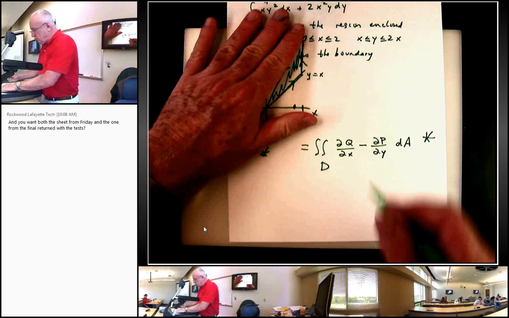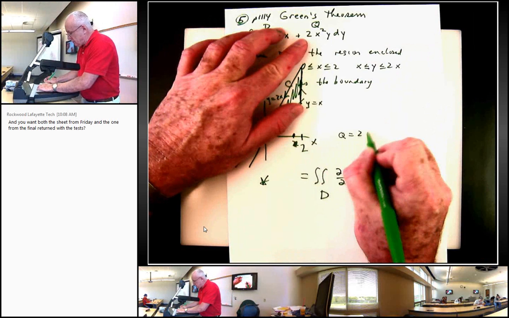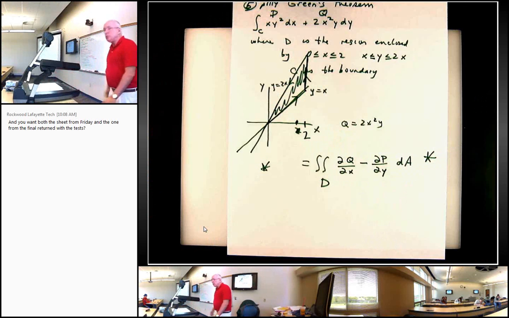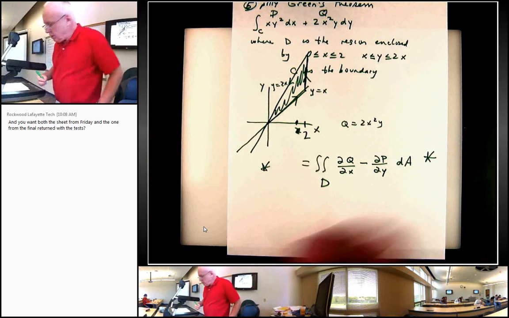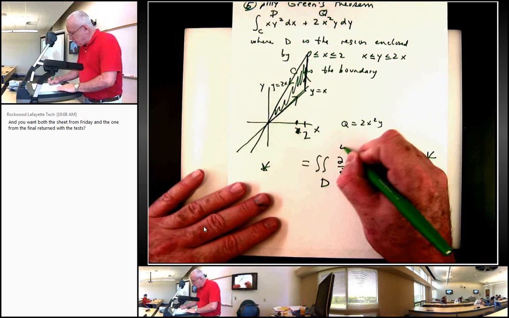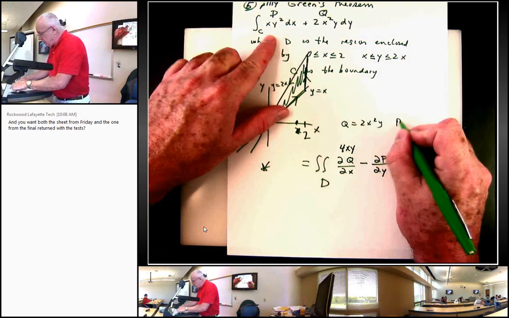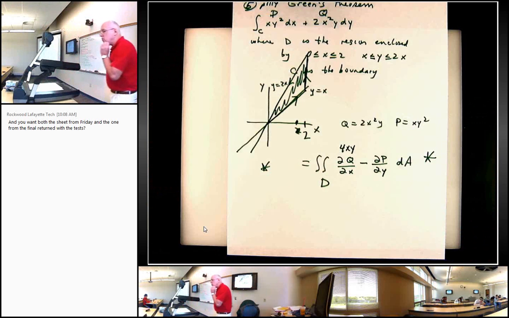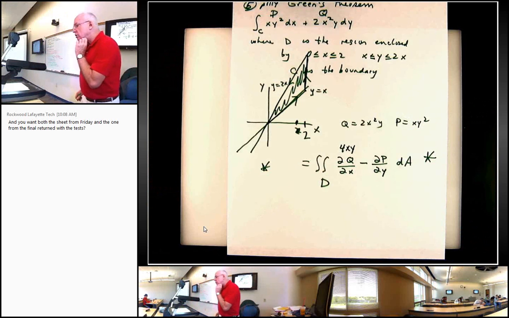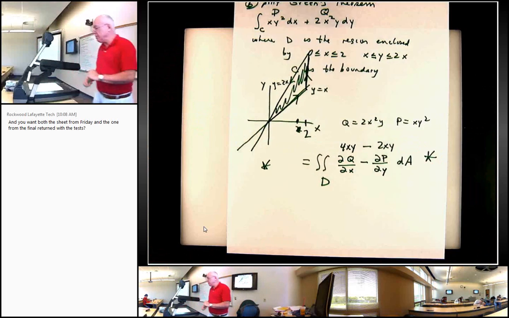So in this case, what is dQ/dx? Well, Q is equal to 2x squared y. So its derivative with respect to x is going to be what? Isn't it going to be 4xy? P is equal to xy squared. So dP/dy is going to be what? 2xy, and we subtract that from the top one.